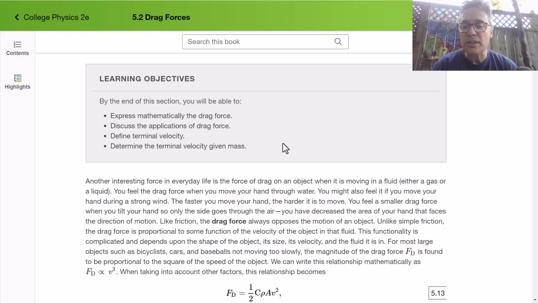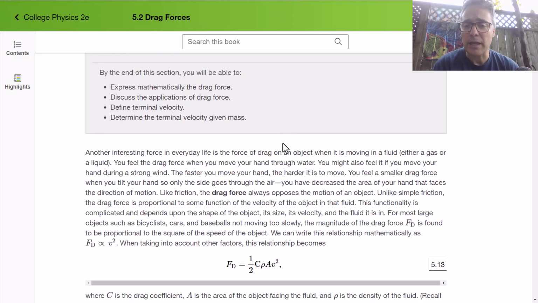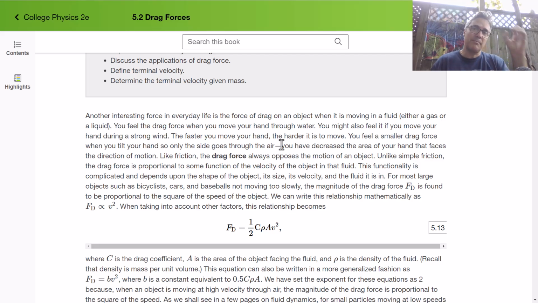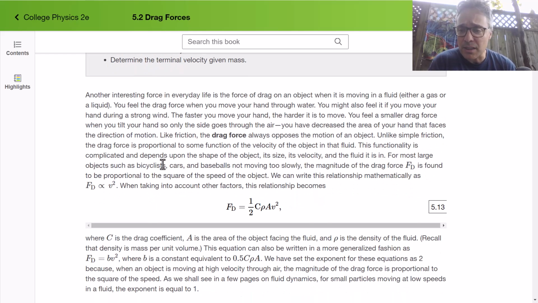And the next section is about what's called drag force. I've been calling this air resistance. So basically, what I told you before is that when something's moving through the air, there is this force of air resistance which opposes the velocity. But air is a fluid, and so this is a problem in fluid dynamics, and it's quite difficult to solve. But kind of like friction, there are models for this air resistance.